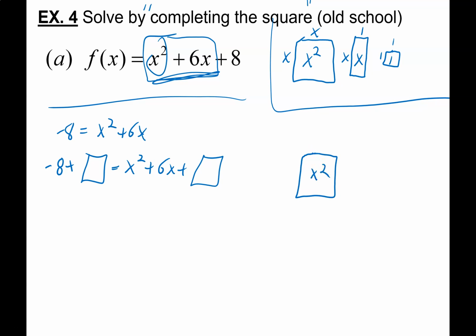So there's an x squared. And what else do I have? I have a 6x. So what happens if I put all, I'm horrible at art here, 1, 2, 3, 4, 5, 6. So what if I put all of my 1 by x's right there? Does that make a square? Not feeling it, no. So maybe I need to regroup these x's.